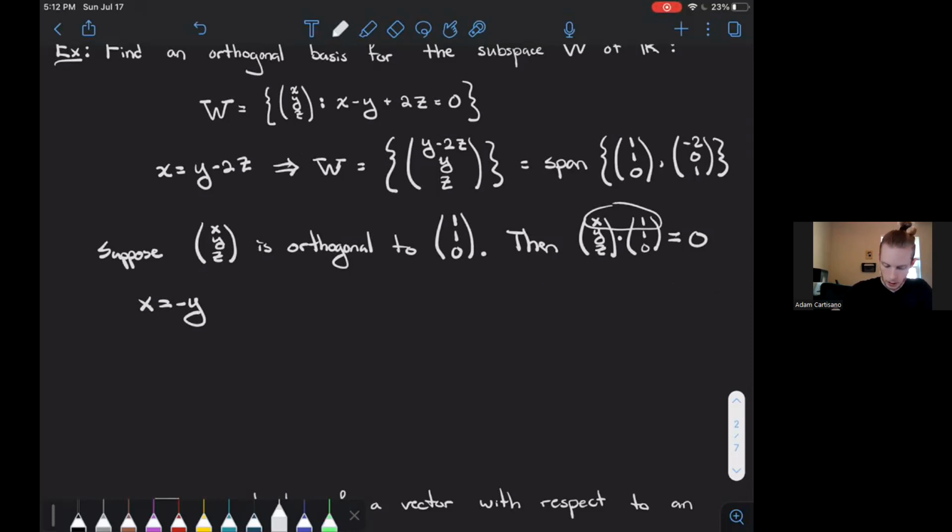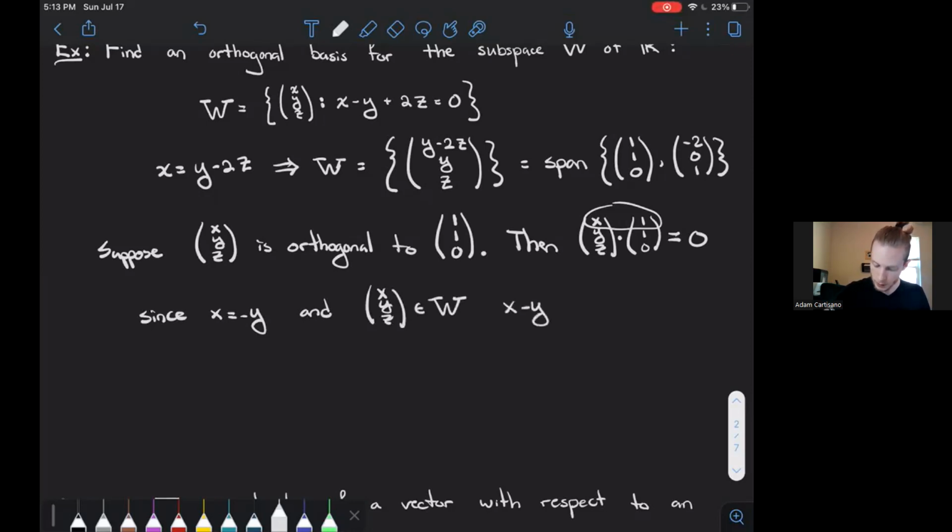Also, since x equals negative y, and x, y, z is in the plane W, we also have x minus y plus 2z equals 0.